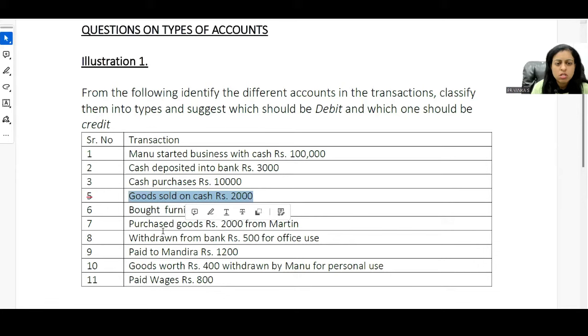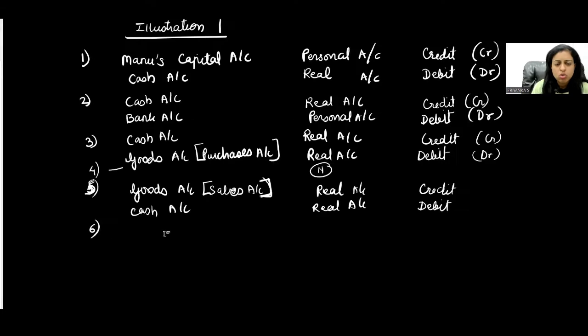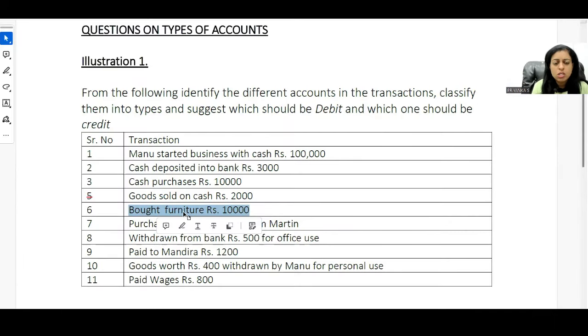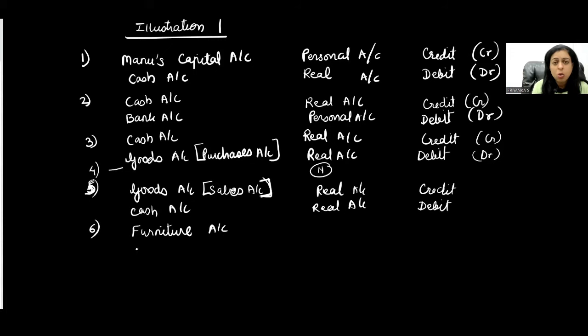Sixth transaction. Sixth is bought furniture. So what is being bought now? We are not buying day-to-day products or goods like sales and purchase. What are we doing here? We are buying an asset which is going to be with us for a longer duration, and that asset is furniture. So specifically we write here as furniture. Furniture account. Now furniture is bought. They have not given us how it is bought.